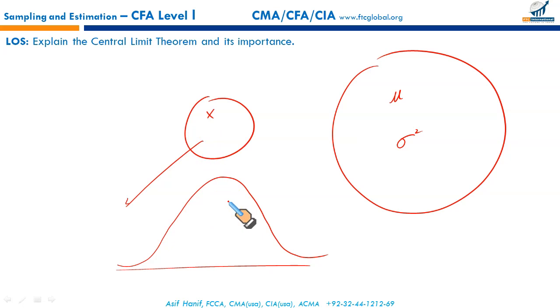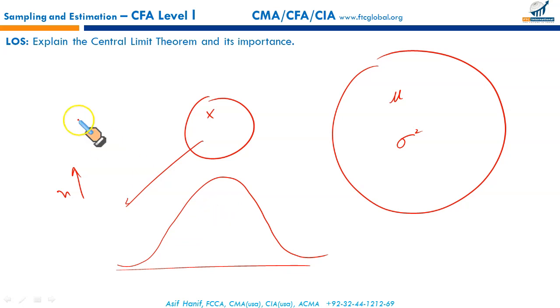So this theorem can be extended to any distribution, so that when n increases, that's the number of samples increases, the distribution becomes almost normal regardless of its shape.